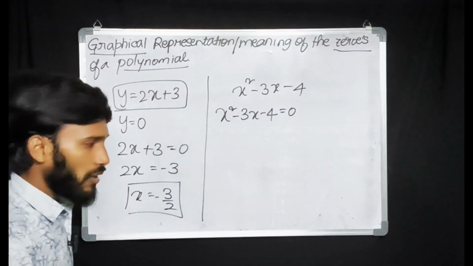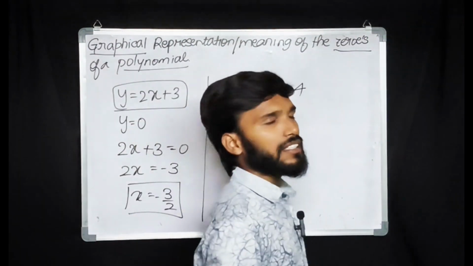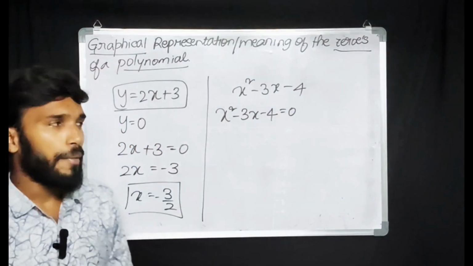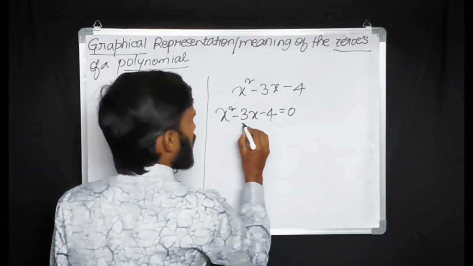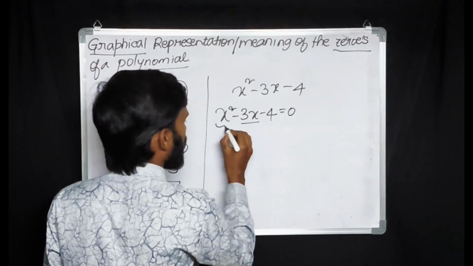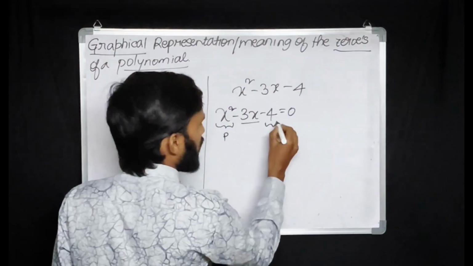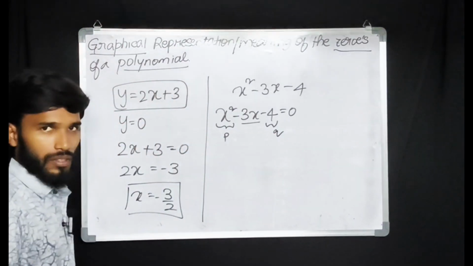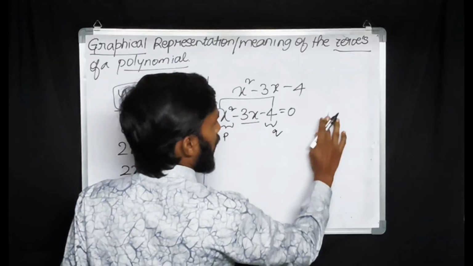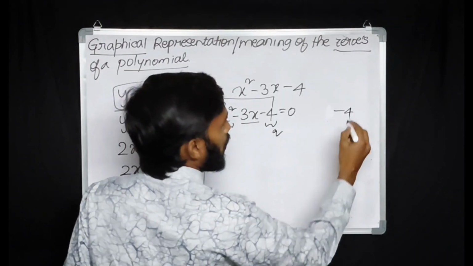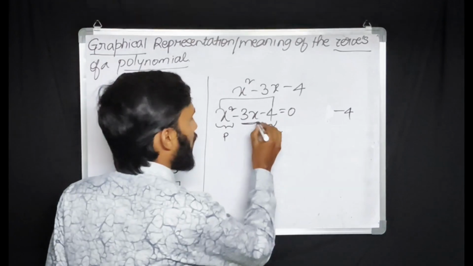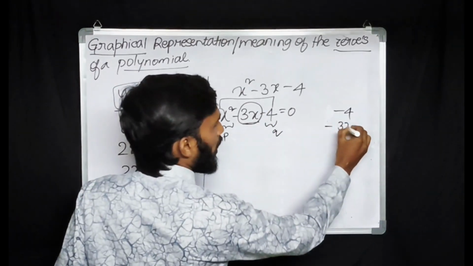We know how to find the zeros of a quadratic polynomial by splitting the middle term. The middle term is 3x; assume the two parts are p and q. By multiplying these two you should get -4, and by adding or subtracting you should get -3x.